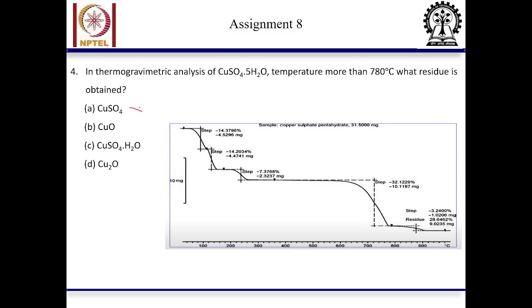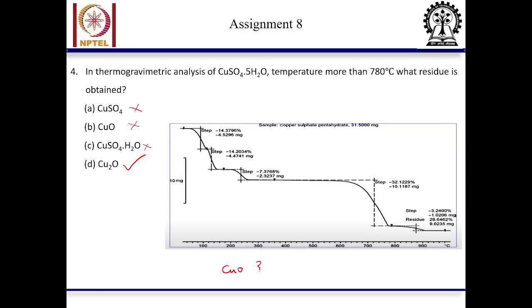Both of these answers are wrong, right? The actual answer is Cu2O, right? So here I will tell only the concept. What happens here? Here you form CuO, but this is not the end product.